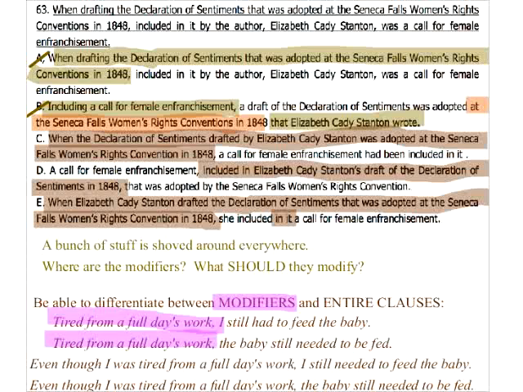And so those have to actually modify stuff, and so this first one is right and the second one is wrong because the baby was not tired from a full day's work. Unless it was a very unusual baby. But these actually modify stuff, versus entire clauses which don't.